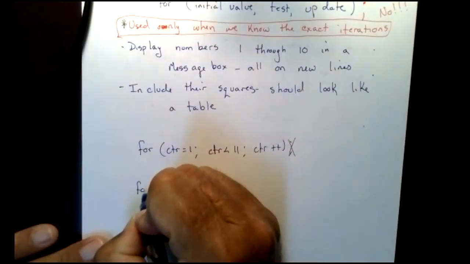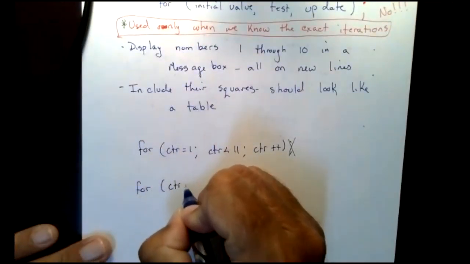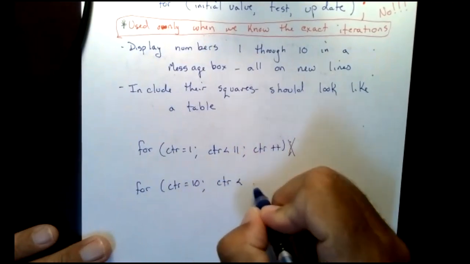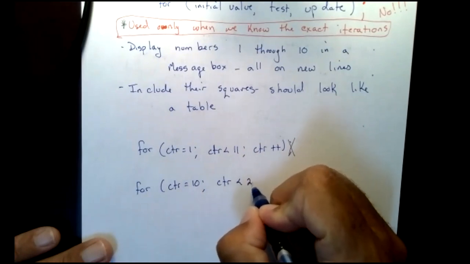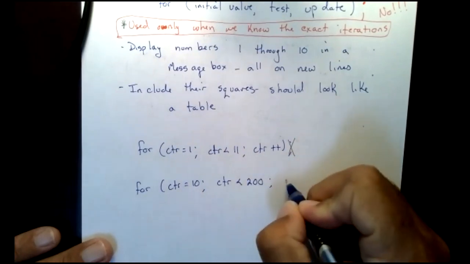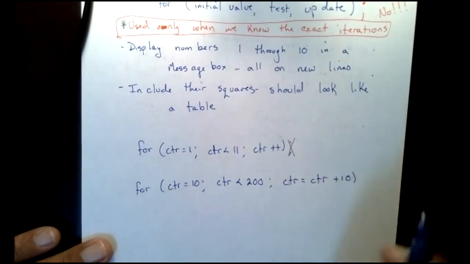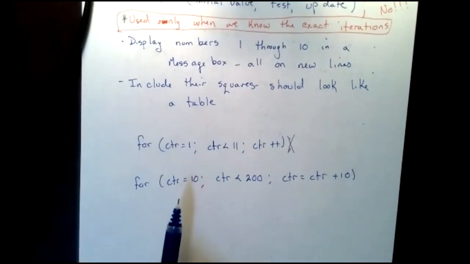I could do for counter equals 10 while counter is less than 200, counter equals counter plus 10. I could start it at 10. I can increment by 10. How many times would this loop execute?